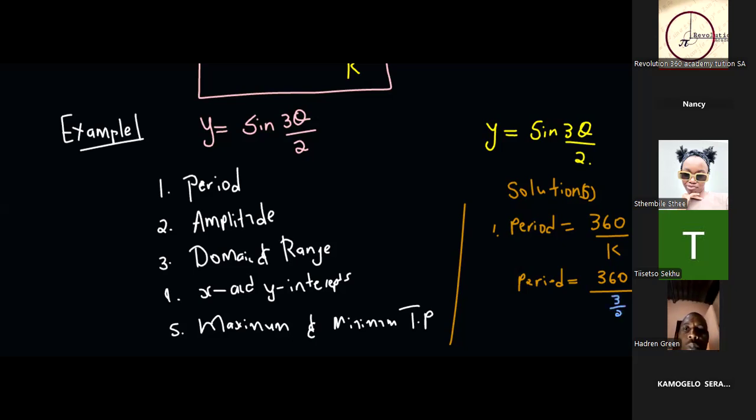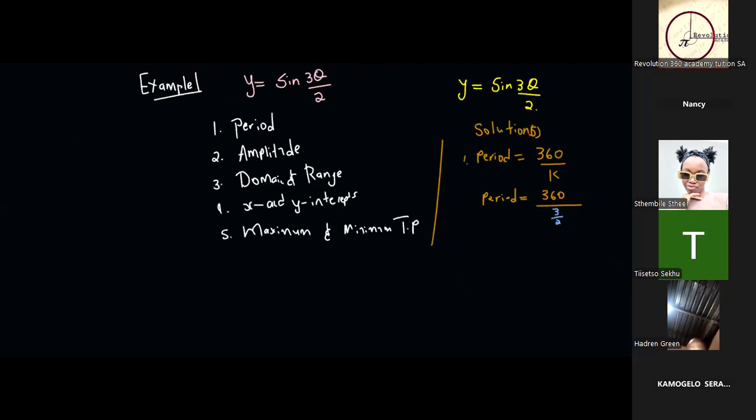Period is equal to 360 degrees divided by k, which represents 3 over 2. Then you can just write this as 360, or punch everything on the calculator, times, remember, when you have the division sign, you introduce a multiplication sign, then you swap them, 2 over 3.